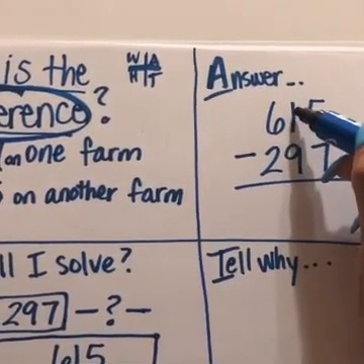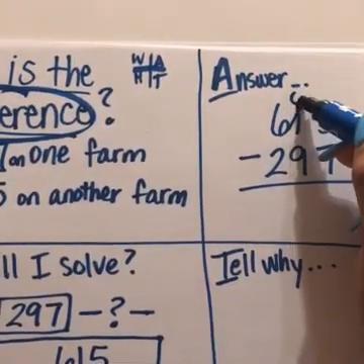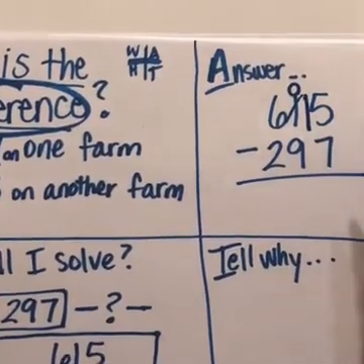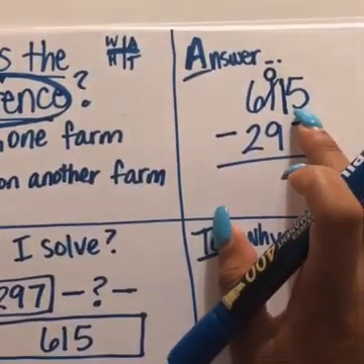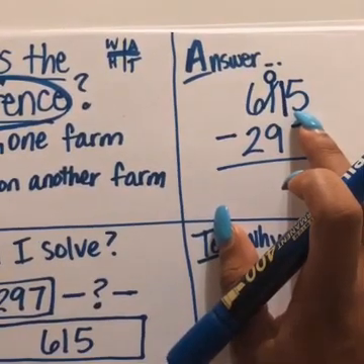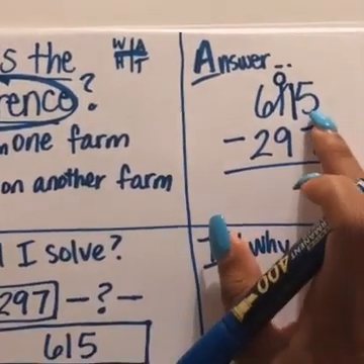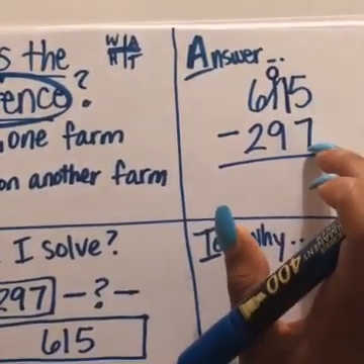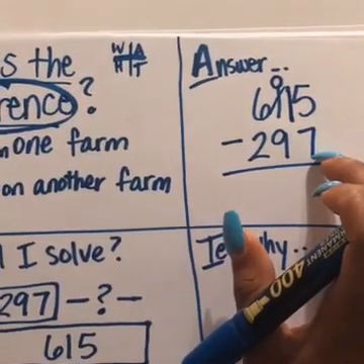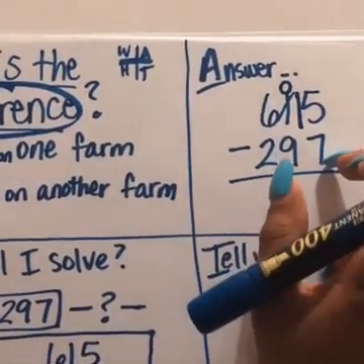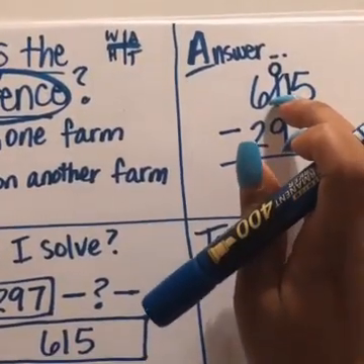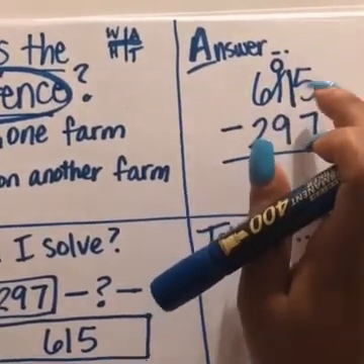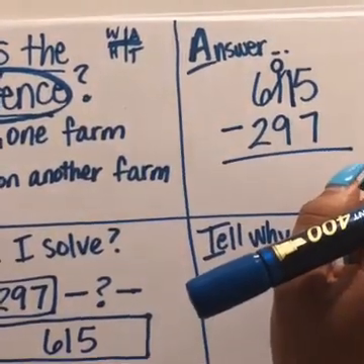Go next door, take 1 away, add 10 more. So what I'm saying is I have 5, okay? But that's not enough ones to take away 7 ones, right? So that means I have to go next door to the tens place and take one of those tens and make it into ones. Okay.